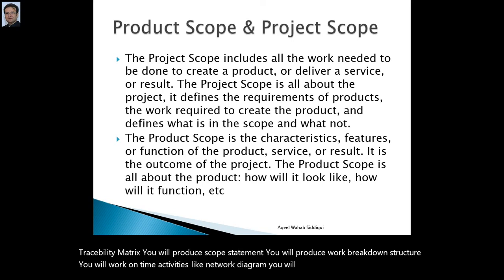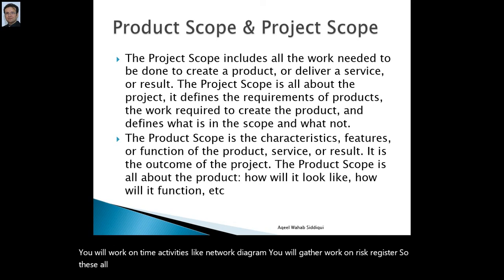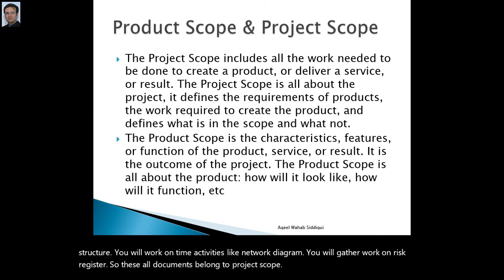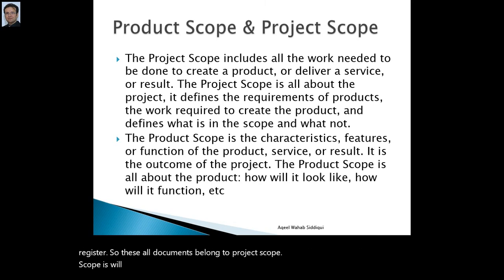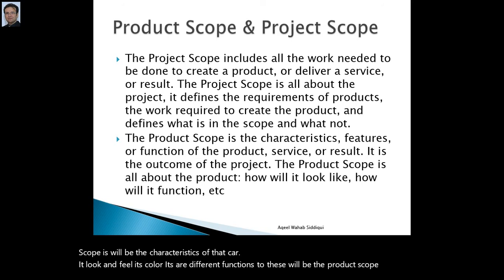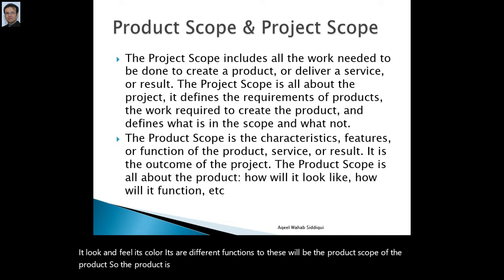So all these documents belong to project scope, and product scope will be the characteristics of that car: its look and feel, its color, its different functions. These will be the product scope of the product. So the product scope is the characteristics, features, or functions of the product, service, or result, which is the outcome of the project.